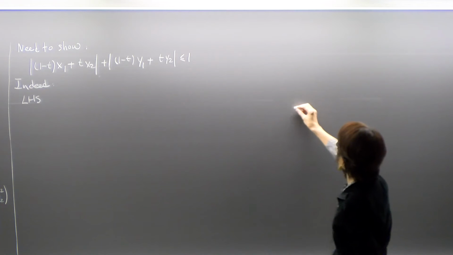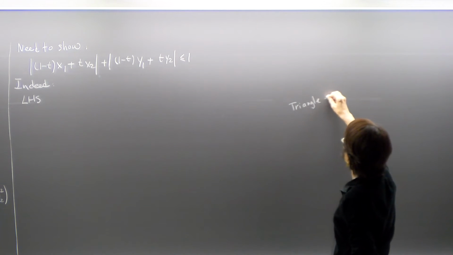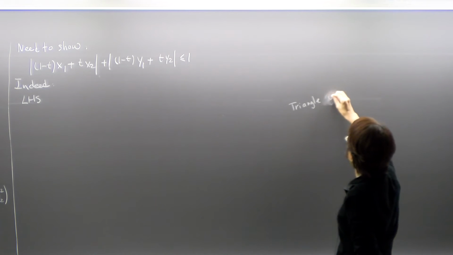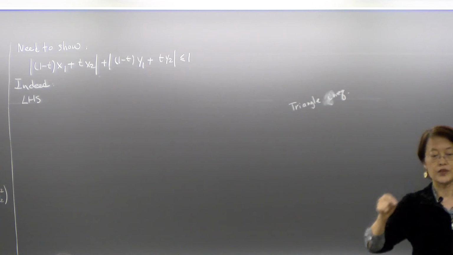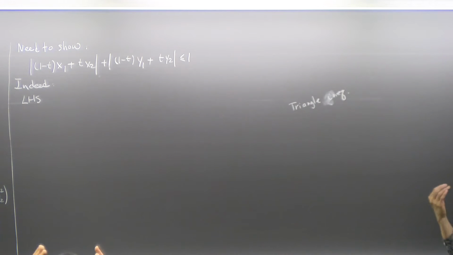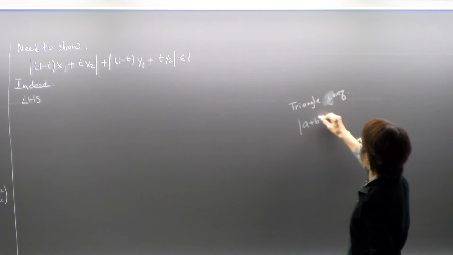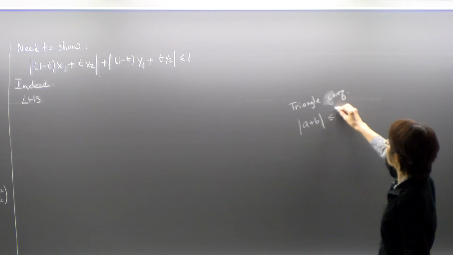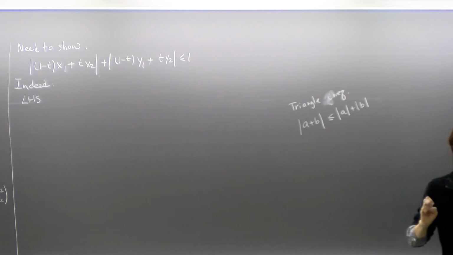It's a very important inequality. It basically says the sum of two sides of a triangle is bigger than or equal to the third side. For any numbers a and b, the absolute value of a plus b is less than or equal to the absolute value of a plus the absolute value of b.